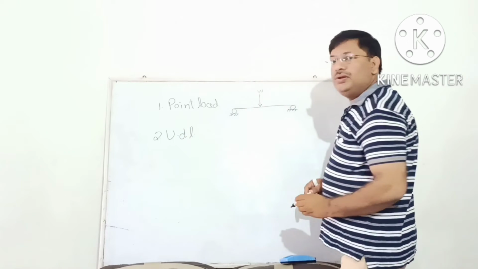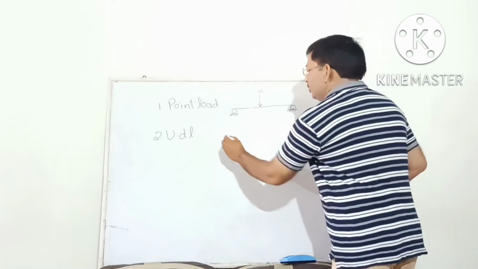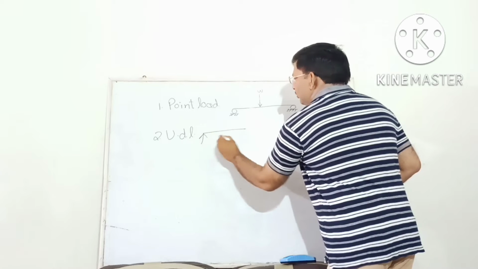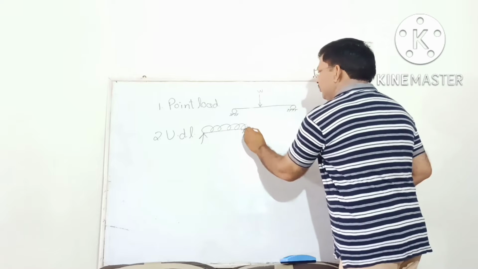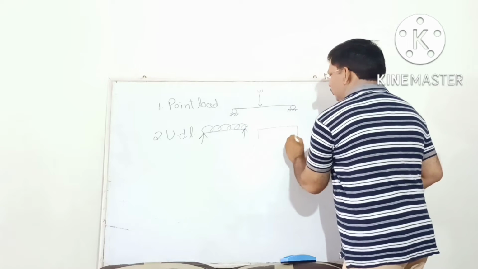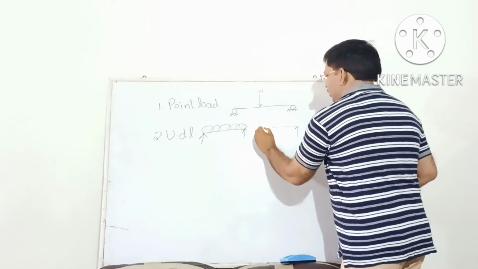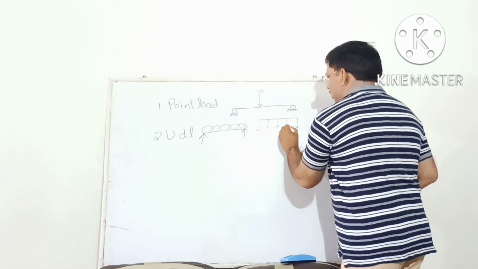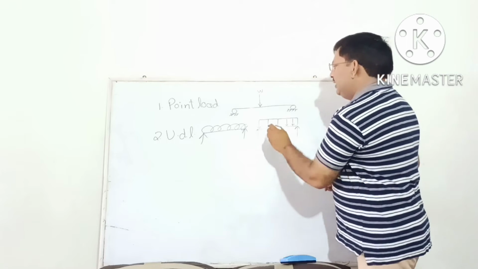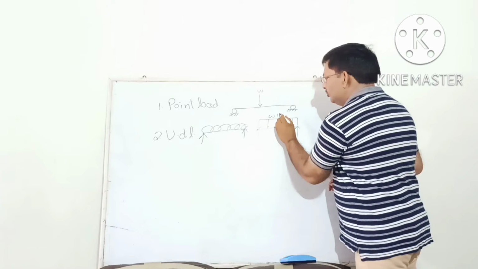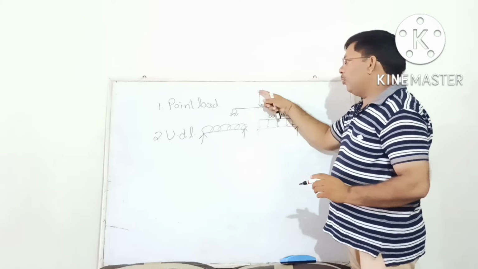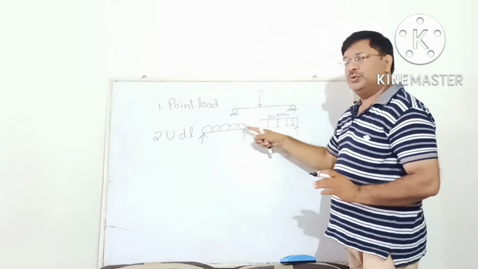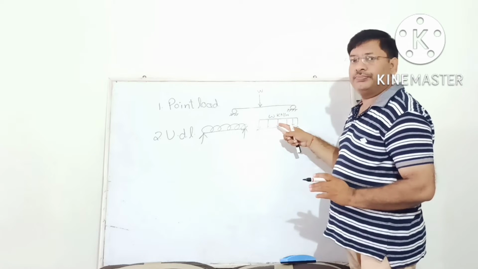Now second one is UDL, that is uniformly distributed load. Uniformly distributed load is represented in the form of a spring, or it is represented in form of a rectangle with arrows downward. Now suppose the intensity of load is W kilonewton per meter. Okay, so in case of point load, total load is given, but in case of UDL, the load intensity is given.